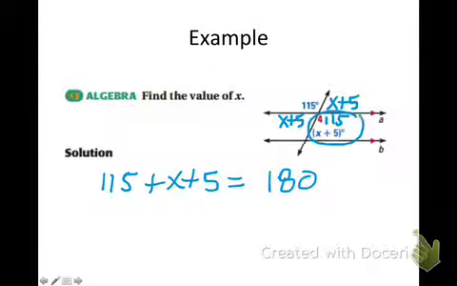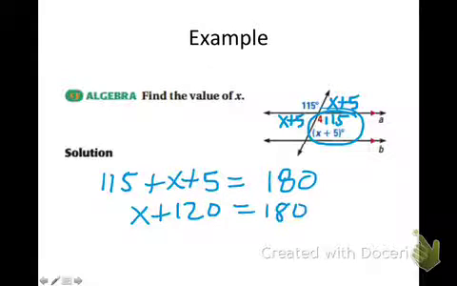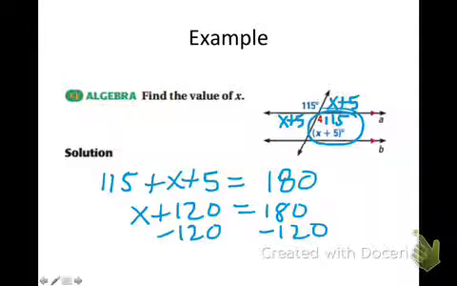Again, these are going to be supplementary because those are consecutive interior angles. Okay? So let's solve for x. We got x plus 120 equals 180. So we subtract 120 from both sides, and we end up with x equals 60.